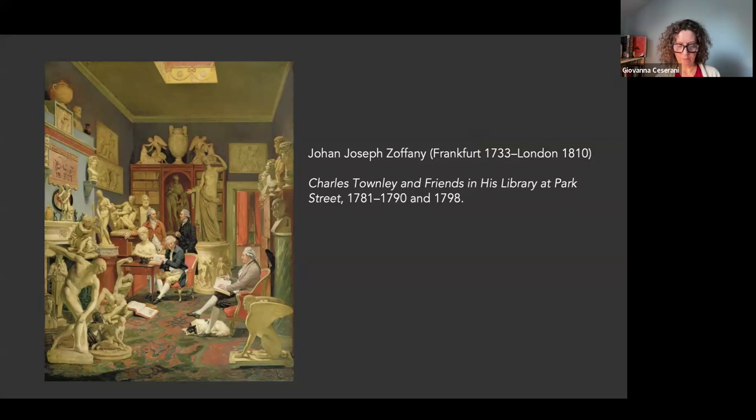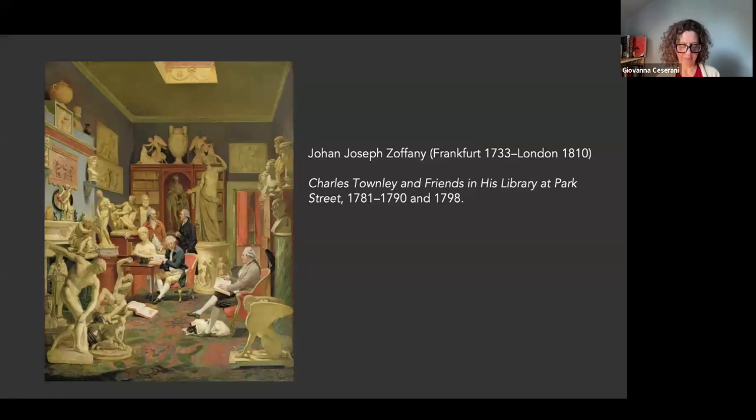So this is another group portrait, like the one we saw of the six British men in Rome, in conversation style. And it's a famous painting that once again shows elite British men among classical antiquities, this time transplanted onto British soil. Townley was indeed amassing at the time what would become one of the largest collections in Britain.